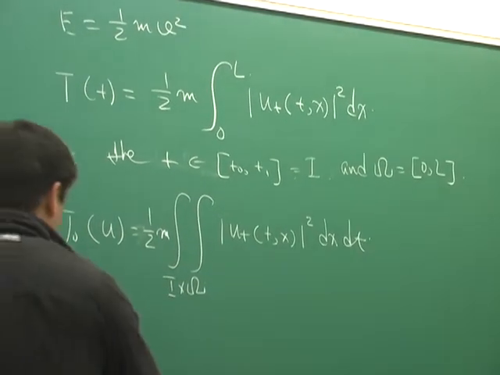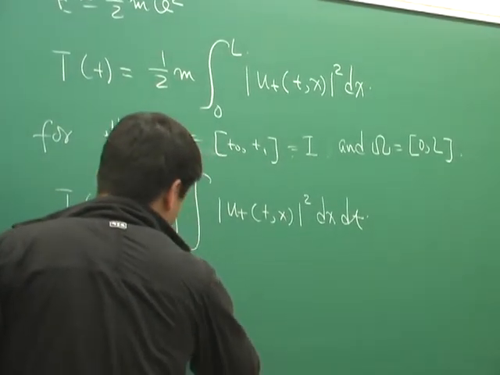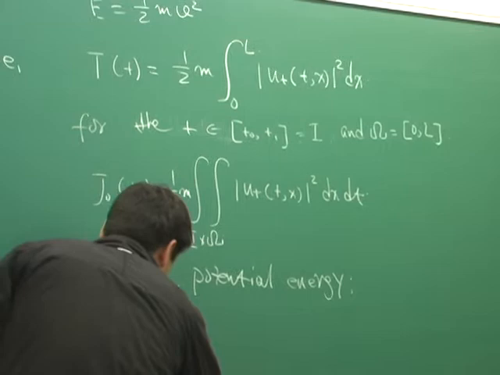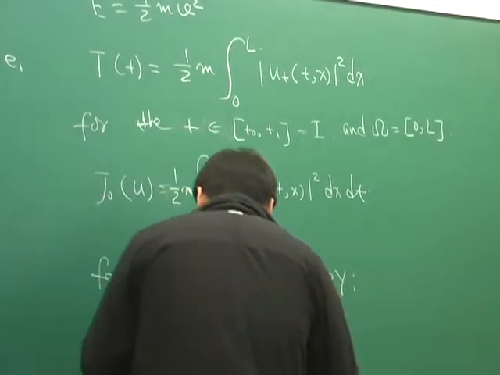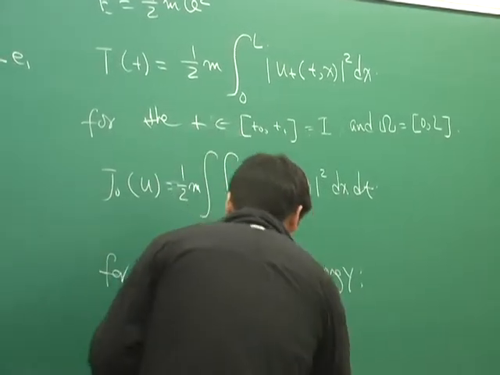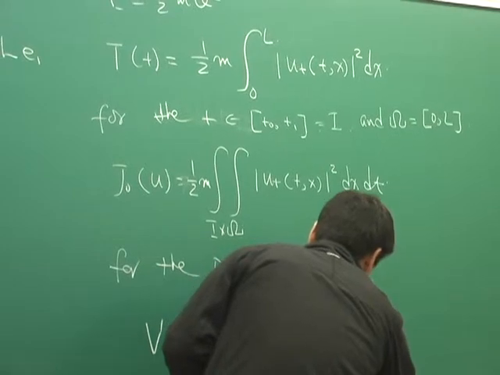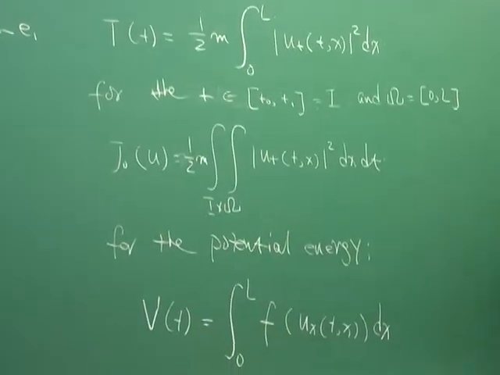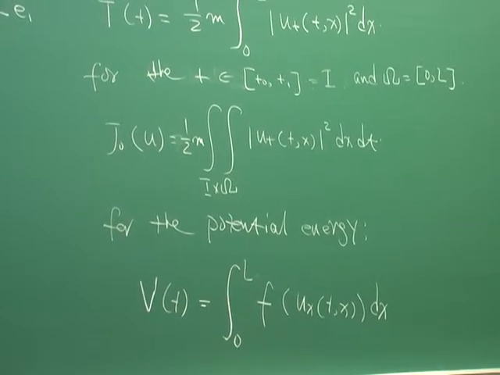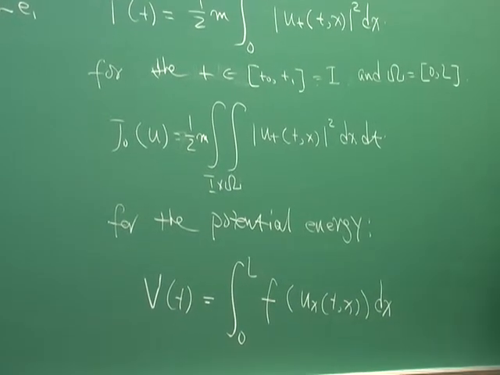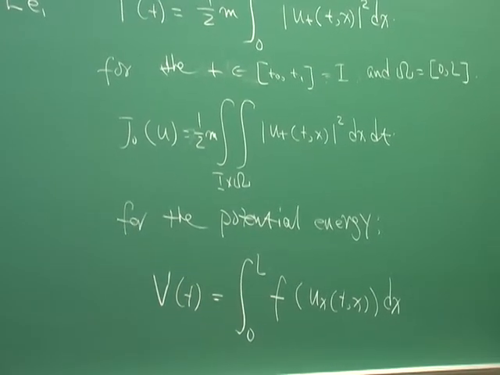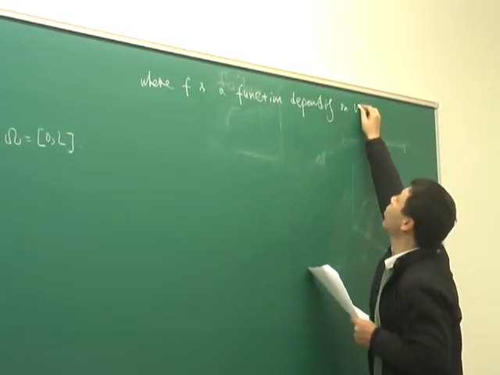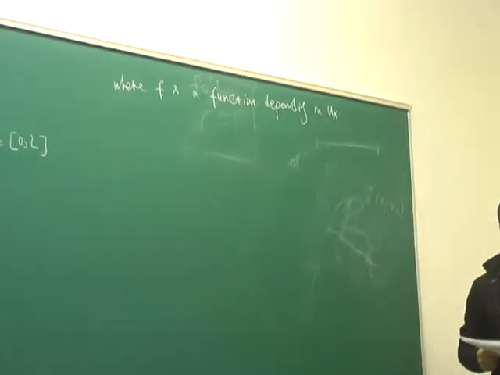So normally he says for the potential energy, he has the integral from 0 to L, again the sum, of F(u_x) dx, where F is a function depending on u_x as a variable, or the directional displacement of the string.